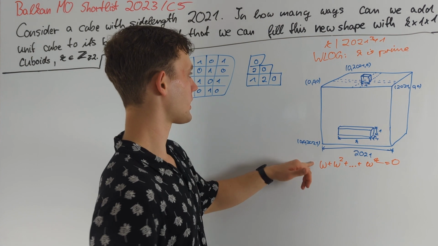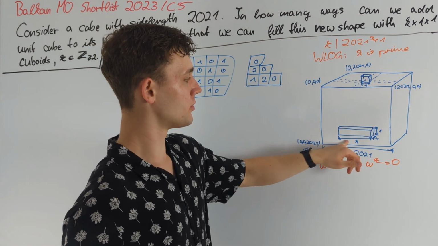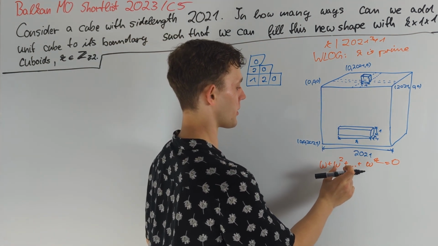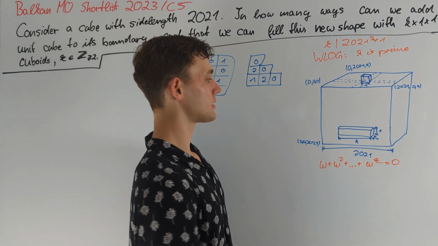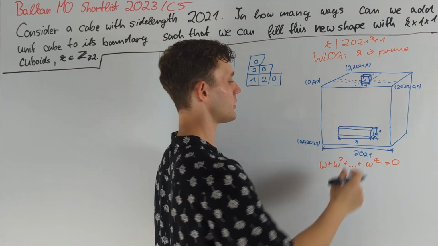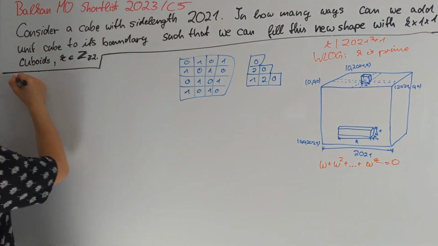We choose our coloring in this analogous way, namely such that every cuboid will cover exactly one field with omega and one field with the label omega squared, and so on, such that the sum of all labels of the cubes in a cuboid is always going to be 0. And this labeling is going to be as follows.